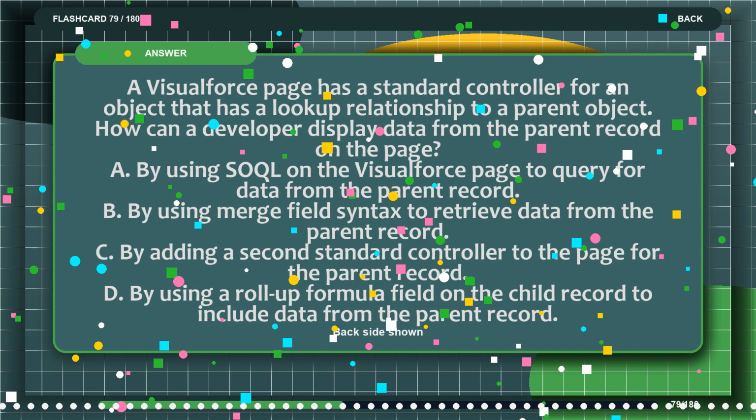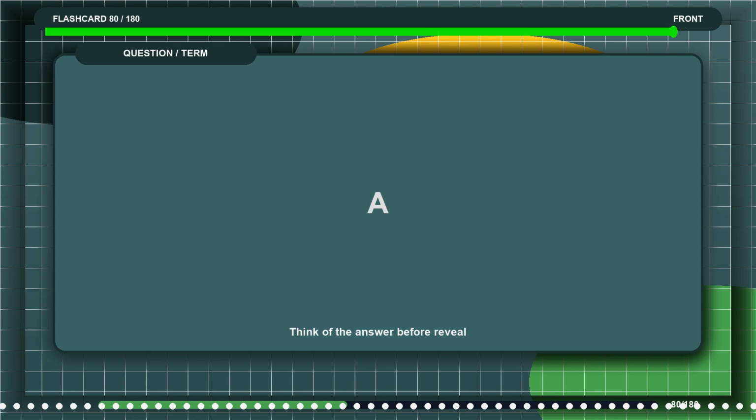B. By using merge field syntax to retrieve data from the parent record. C. By adding a second standard controller to the page for the parent record. D. By using a roll-up formula field on the child record to include data from the parent record. Flashcard 80. A. Think of the answer before the reveal.